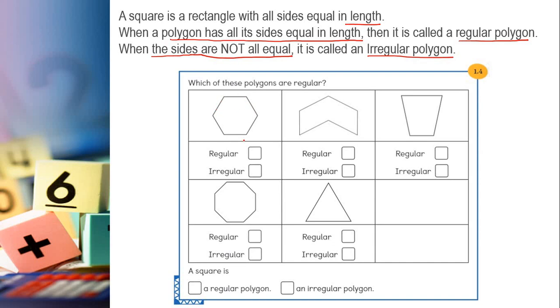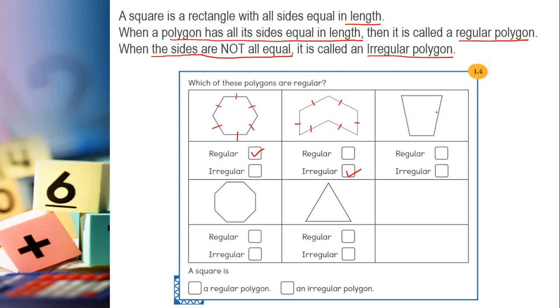See children, now tell me, this polygon is regular or irregular? Regular, because all the sides are with equal length. Now look at this figure, children. Tell me whether this is regular or irregular polygon. Yes, it is an irregular polygon because the sides are not with equal length.